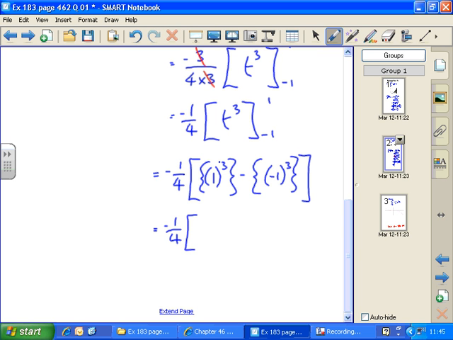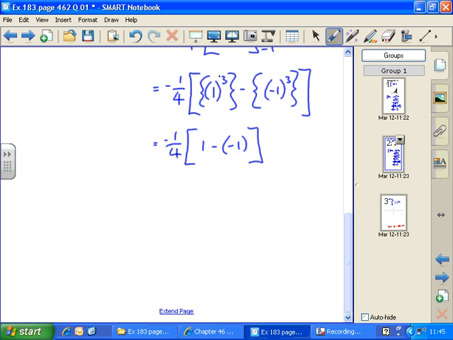So it's minus a quarter, 1 cubed is 1, minus 1 cubed is minus 1. Minus 1 times minus 1 is 1, times minus 1 is minus 1. So this is minus 1, which is plus 1. So this becomes minus 1 quarter times 2. And you get the answer in the text.